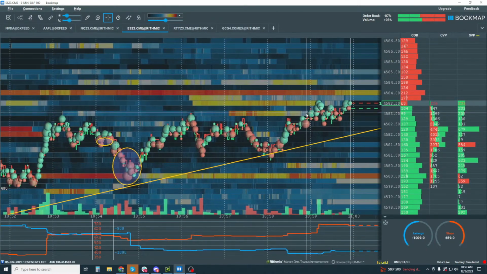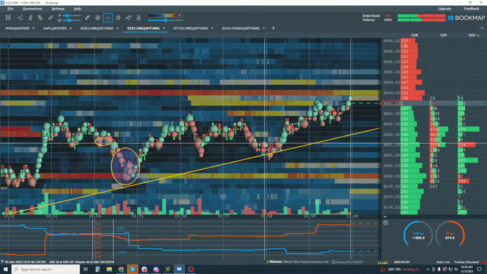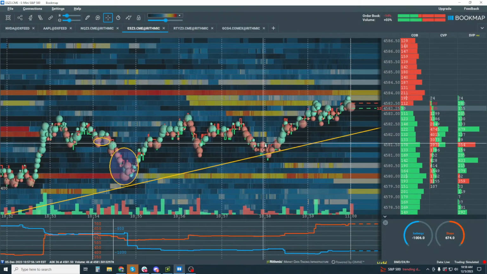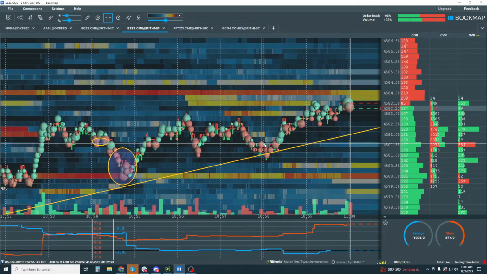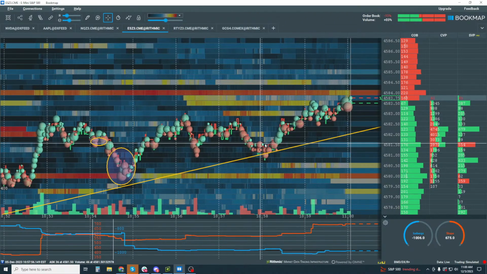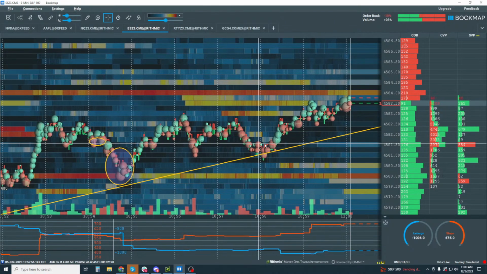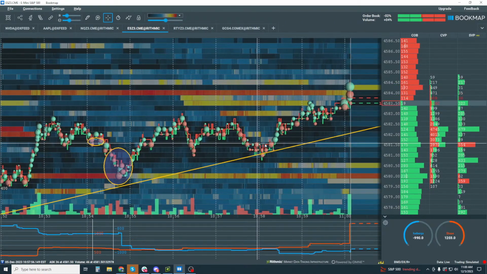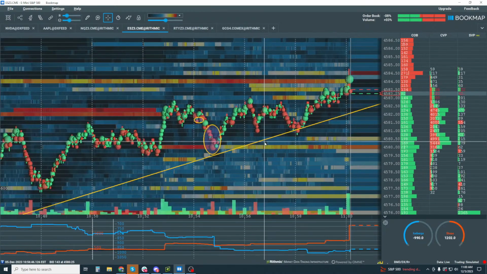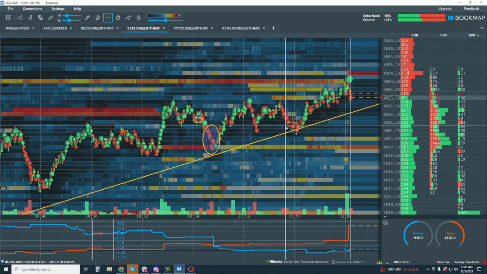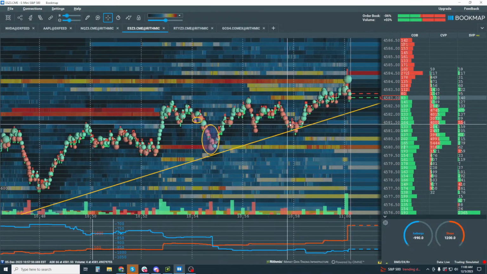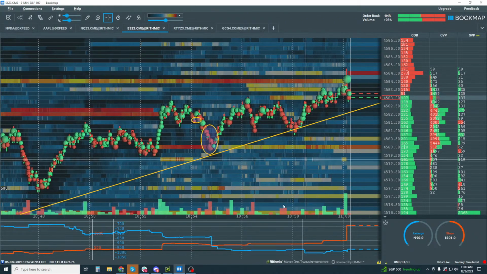More buyers still up here. And there's 84, and immediately sellers come in, or 84, 85.